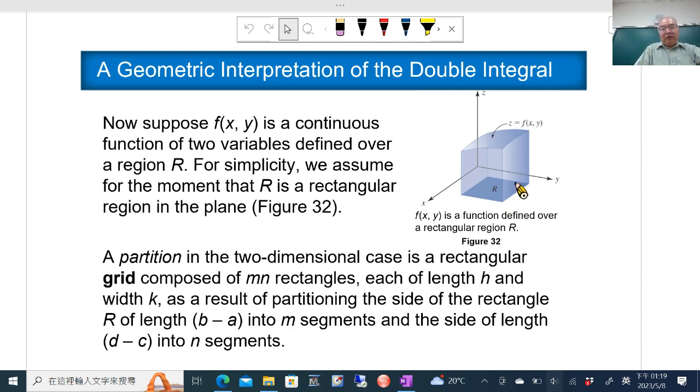And so what we evaluate will still use the same idea, and we partition our rectangle domain into smaller rectangles, and the area of each rectangle multiplied by the height, that is the function value, gives the volume, and the summation of all this volume again is called the Riemann sum.